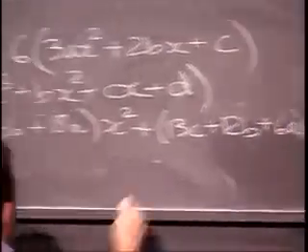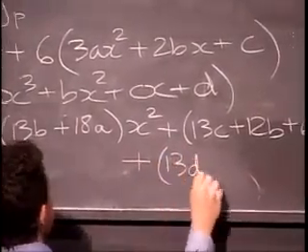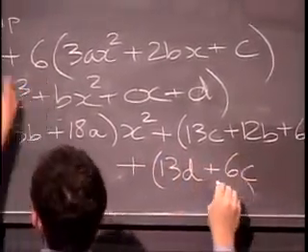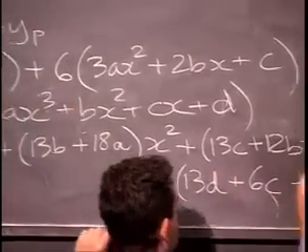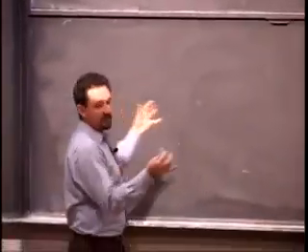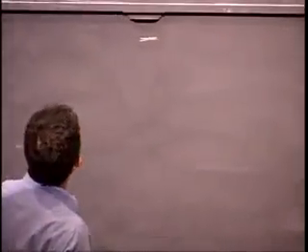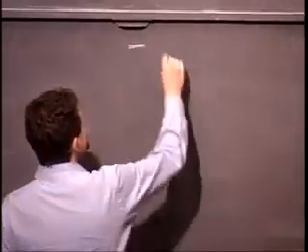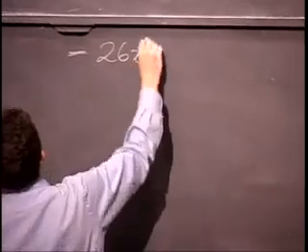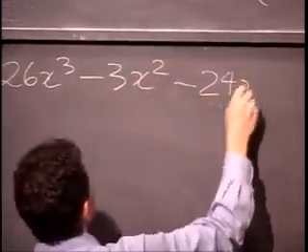And finally, the constant term is 13d plus 6c plus 2b. All right, so that is just an expansion and a contraction all in one go. Hopefully I didn't make too many mistakes. And this is supposedly equal to 26x cubed minus 3x squared minus 24x according to the problem.